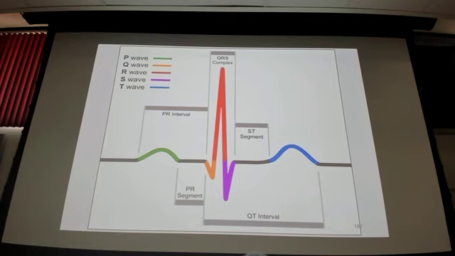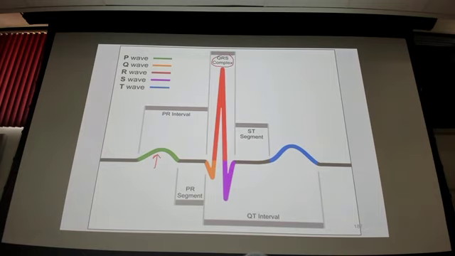So, P wave, let me go back, let me do this actually. So the P wave, which is this little guy right here, the green one, is atrial depolarization, all right? And what does that mean? Okay? Then you have the QRS complex, which is this guy right here, the big part everybody knows, which is ventricular depolarization.